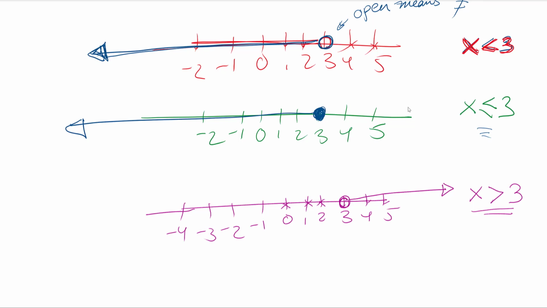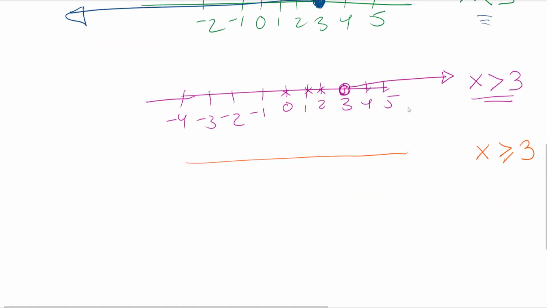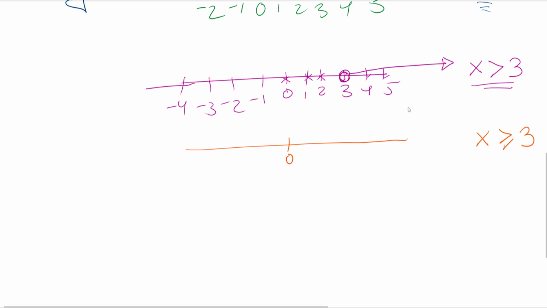So finally, we'll use one more color to draw our final type of inequality. x is larger or equal to 3. So here again we have the larger symbol with another line to show that there's also an equality. Let's draw our number line. 0, 1, 2, 3, 4, 5, -1, -2.